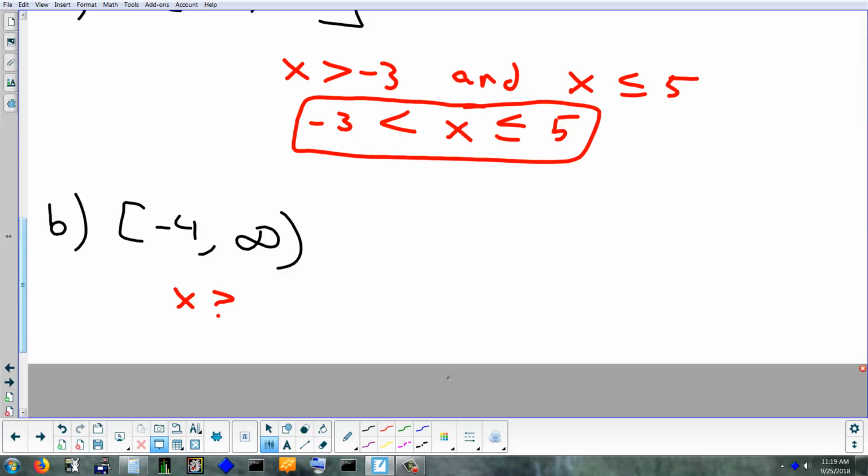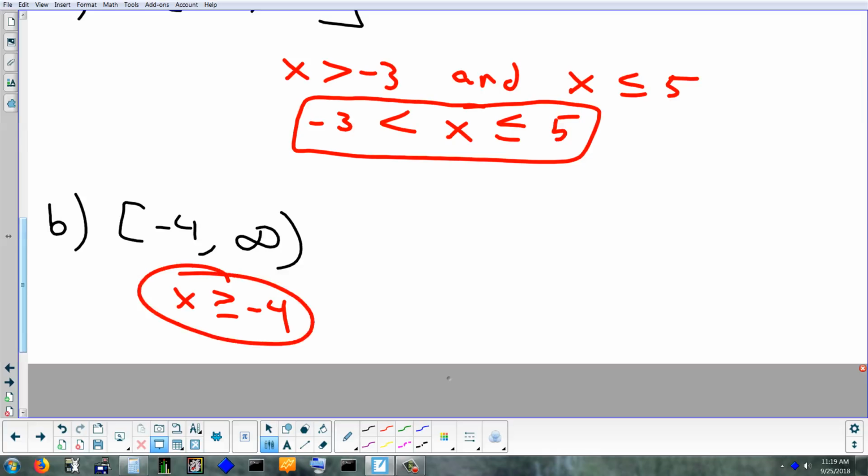Yeah, greater than or equal to -4. And that's it. Some people say, well, don't you have to say and x is less than infinity? No, everything's less than infinity. So that's kind of automatic. If you put x is less than infinity, you just don't have to. You just write x is greater than or equal to -4.